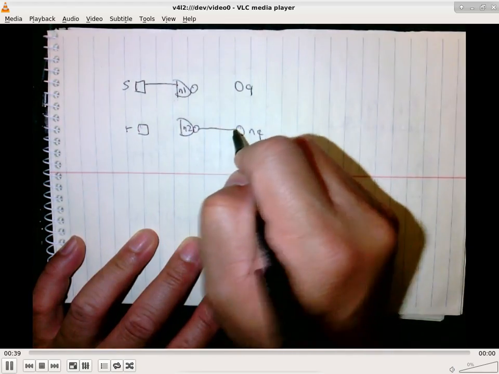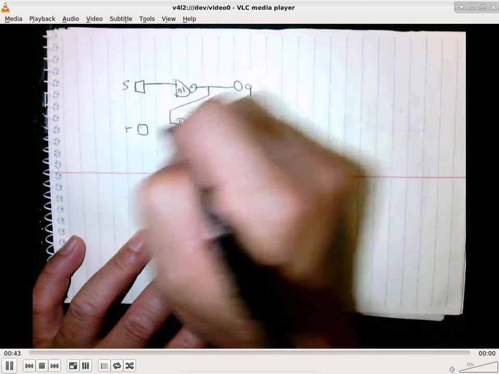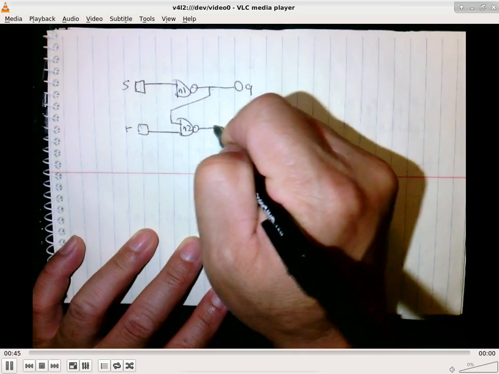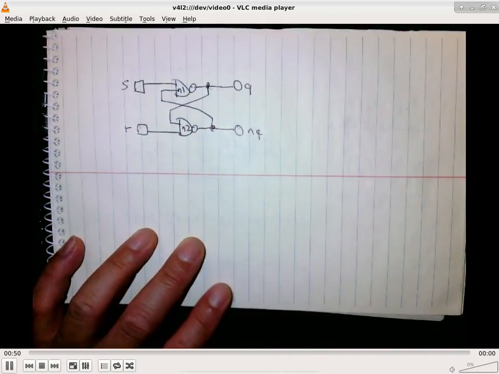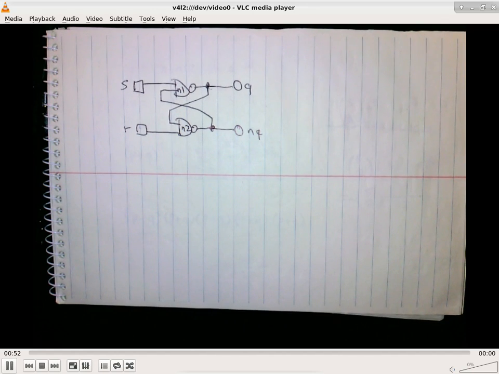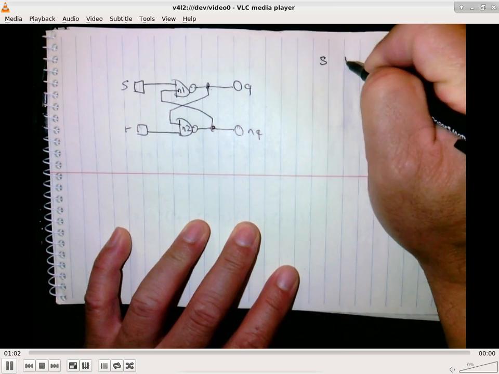This one goes here, this one goes here, and then there's the crisscrossing right there, and another crisscrossing like this. So this is the circuit that we are looking at. I'm reproducing the circuit here so that when we talk about the truth table, I don't have to flip-flop between the two. Let's go take a look at the truth table.